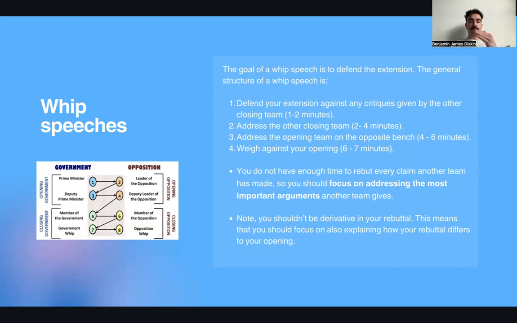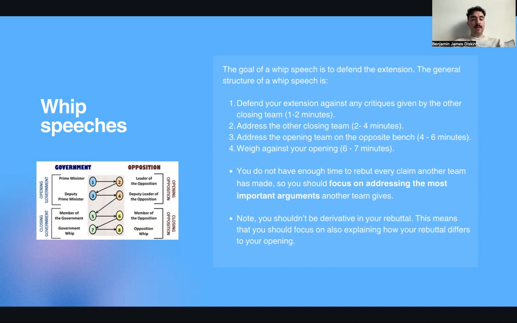Another thing to keep in mind at whip is that you should not be derivative in your rebuttal. So in the same way that you can be derivative when you make substantive claims, like whether or not an argument is new or has a new component to it, you also will not be awarded points if you simply use the same rebuttal provided by your opening.